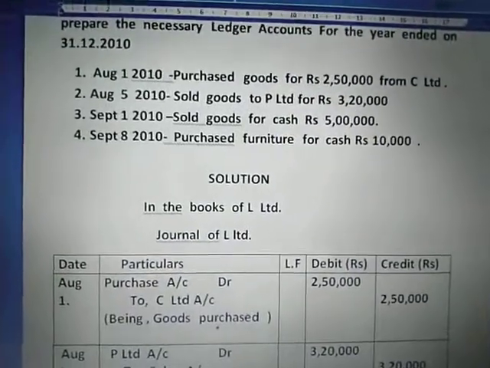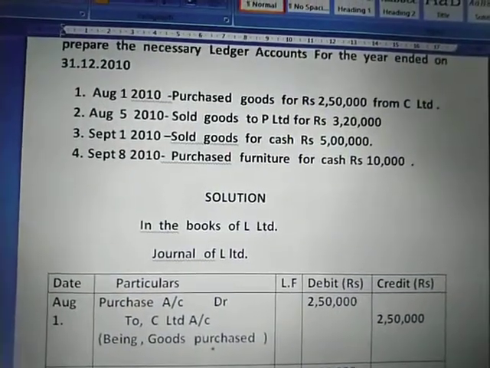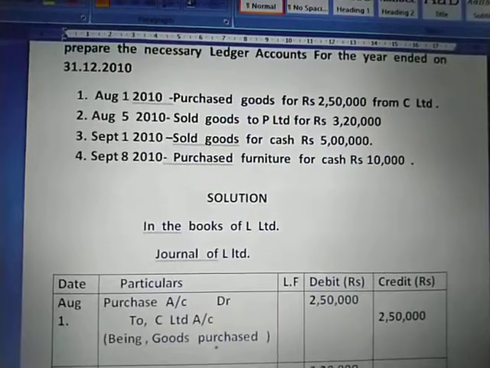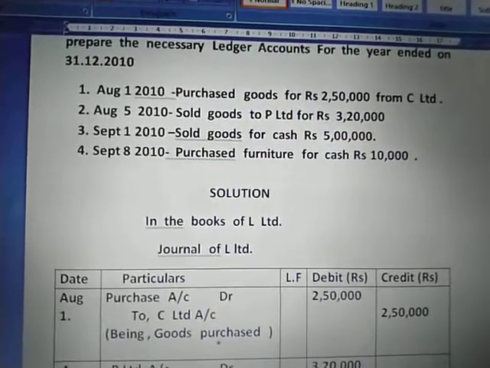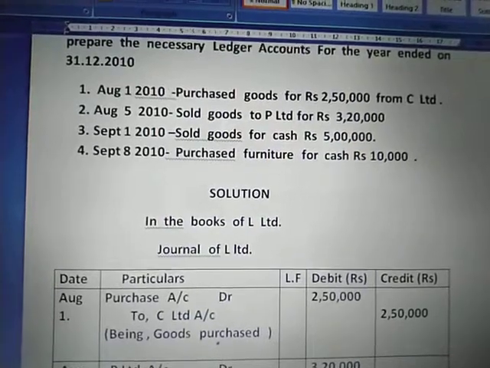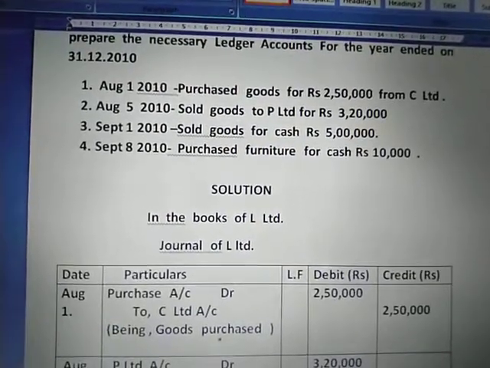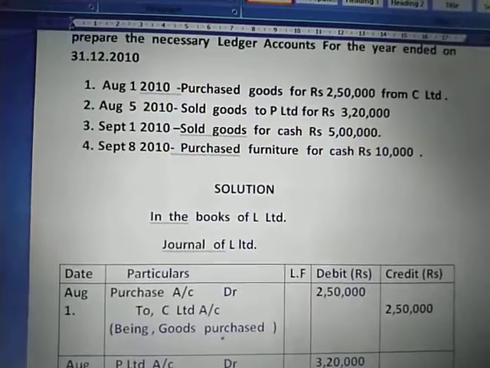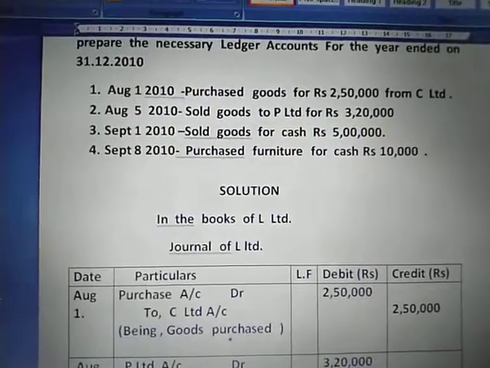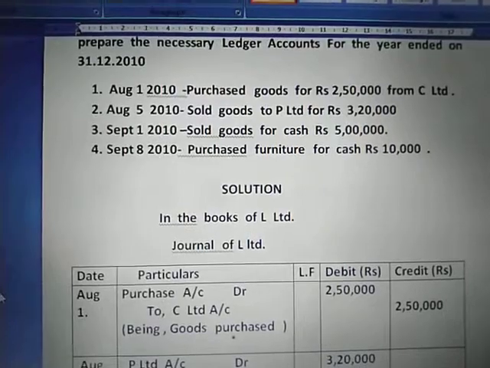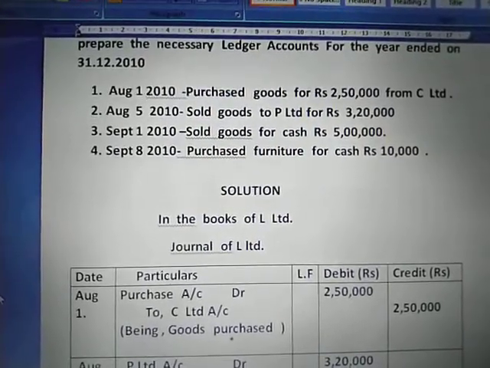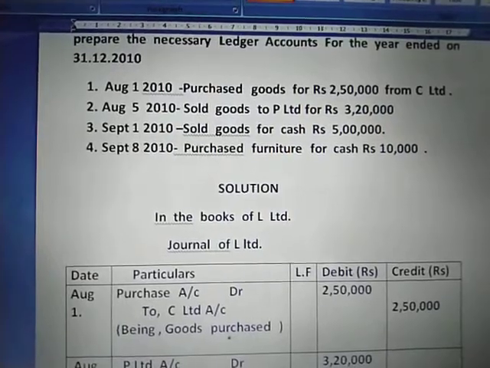now the third transaction is September 1st 2010, sold goods for cash rupees 5 lakh. So the journal entry for this is cash account debit to sales. So the two accounts affected are cash account and sales account. We have already made the cash account and the sales account, so we just need to add this transaction to the existing sales ledger account, and we will make a new account, that is cash account.